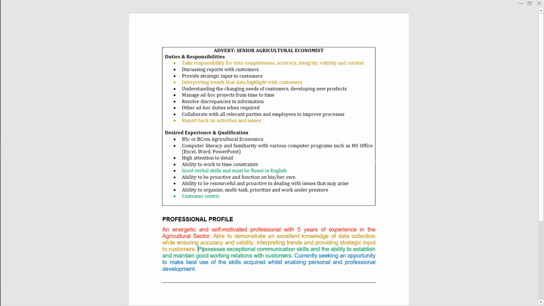So instead of telling them that you have exceptional communication skills, rather write about an example that shows that you have exceptional communication skills. And instead of saying the ability to establish and maintain good working relations with customers, write an example of how you established and maintained good working relations with customers.